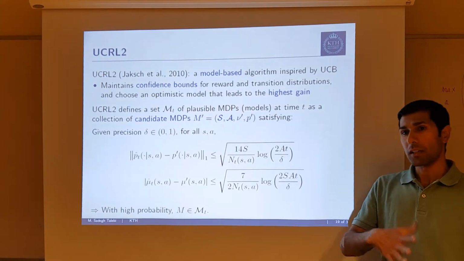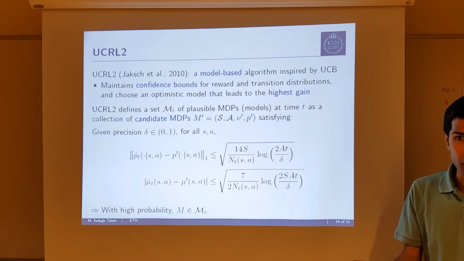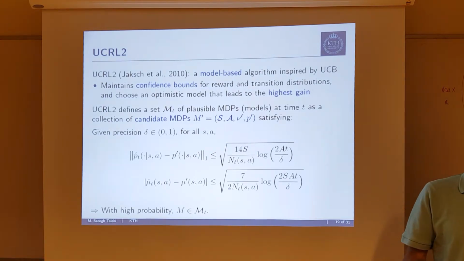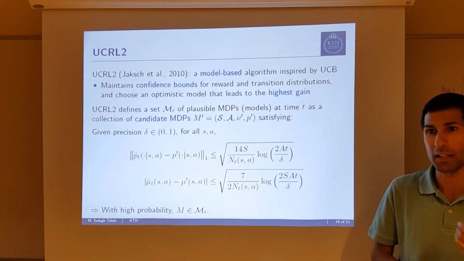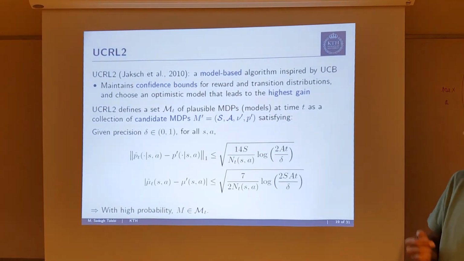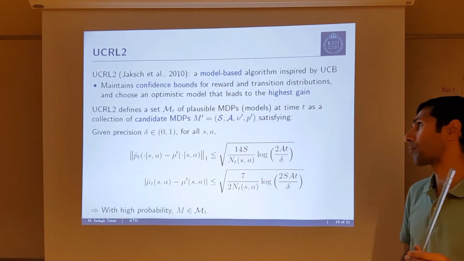So an algorithm like Q-learning is model-free. It does not maintain any model, because my goal is not to estimate the model. My goal is to maximize the reward, and I can maximize the reward without creating the models. So it's a different approach.